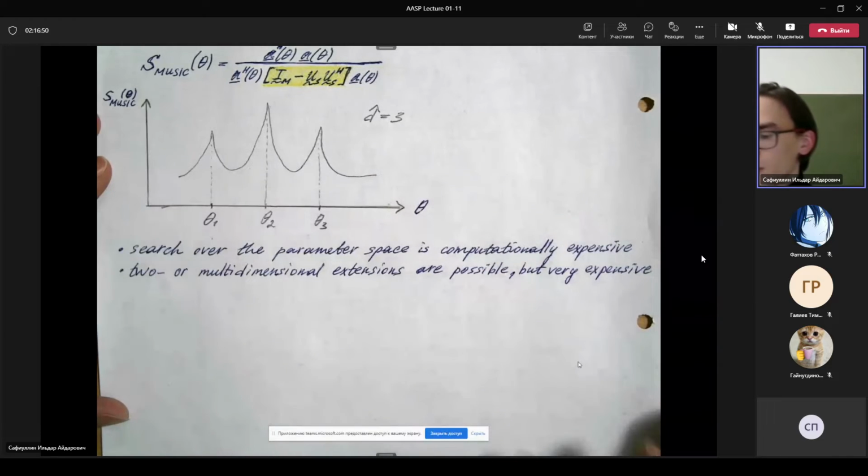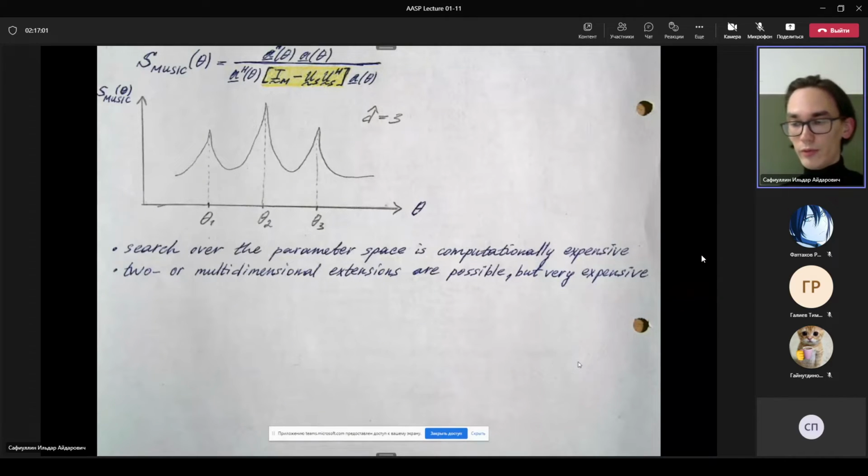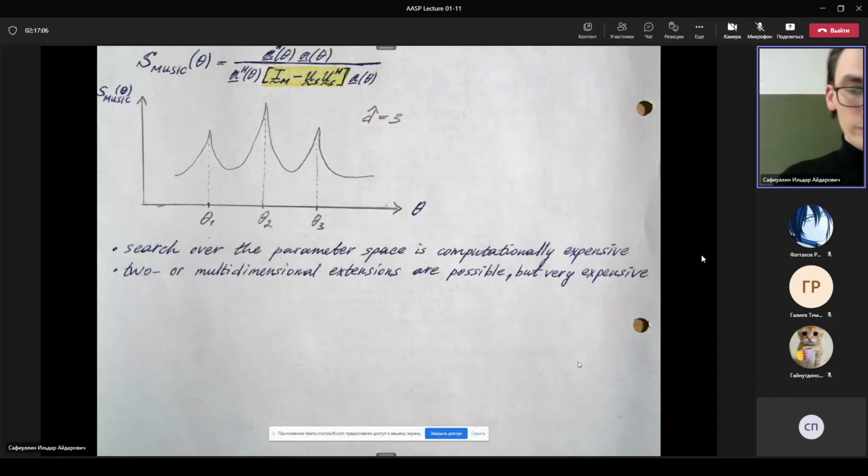Because in this case, first you need to find the noise or the signal subspace of the tensor, and only after that you need to find the direction of arrival.